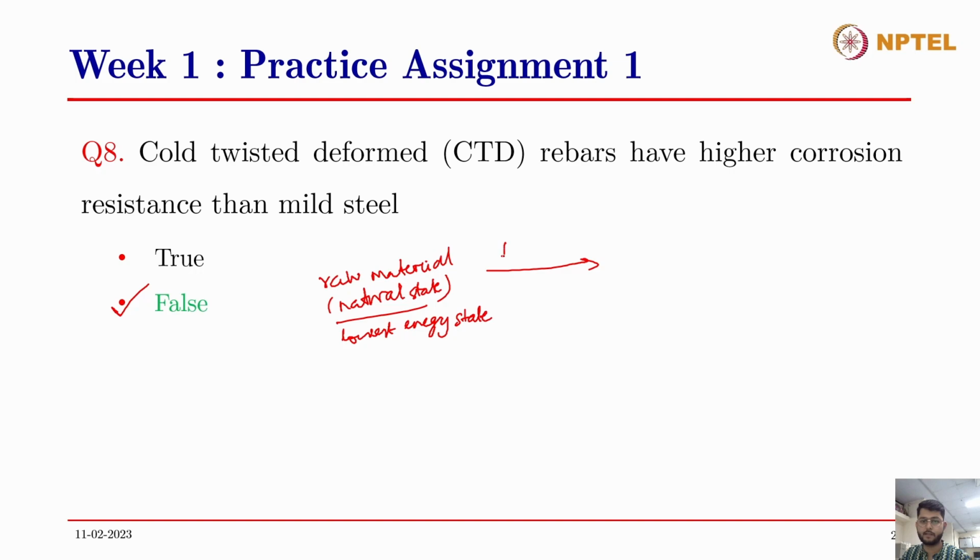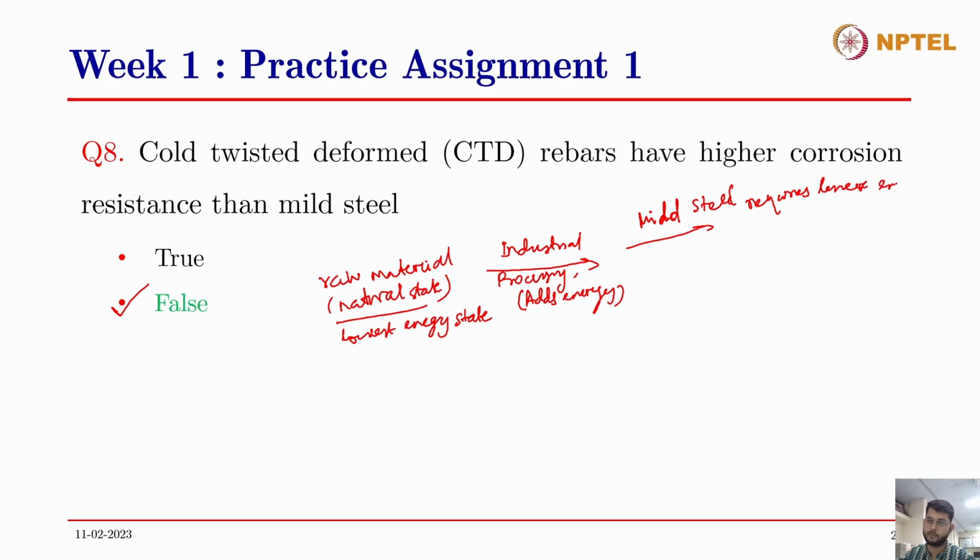Now, industrial processing adds energy to the material to give out a finished product. And regarding the steel process, mild steel requires lesser energy to produce than these high carbon steel bars, or in the case of this question, the CTD rebars.